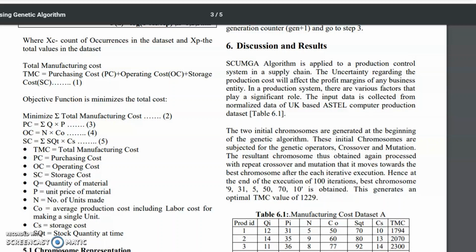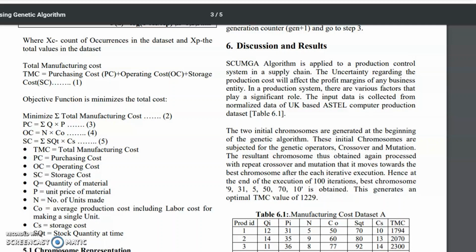Similarly, the operating cost formula is N into CO, where number of units into average production cost, and SC, the storage cost, is equal to SQT into CS, where the stock quantity into the storage cost is done.